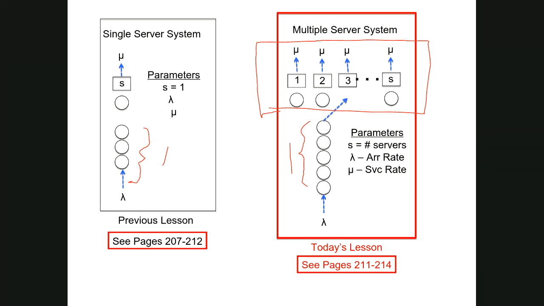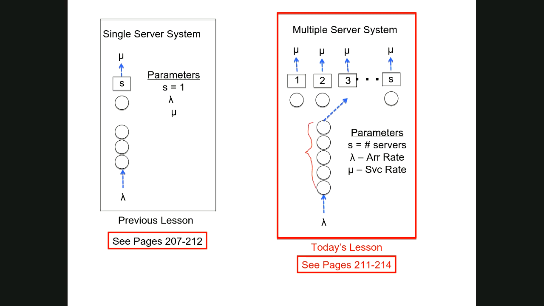So they're homogeneous in terms of their service rates. But there's the key thing, and where students get confused. This is the situation where there is exactly one waiting line. This is the case that's similar to a bank teller.